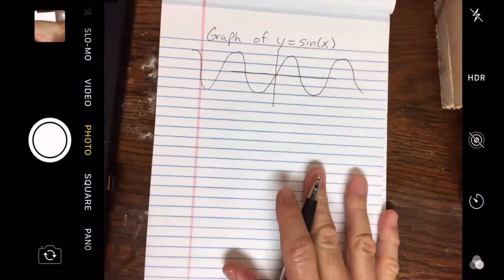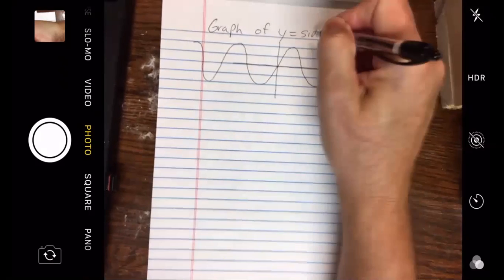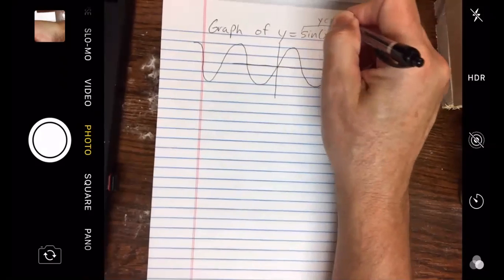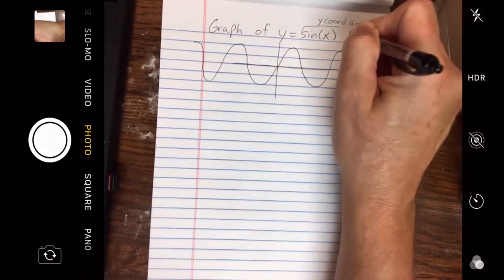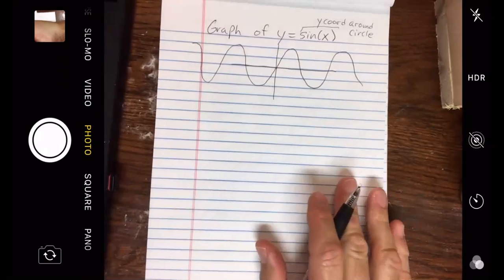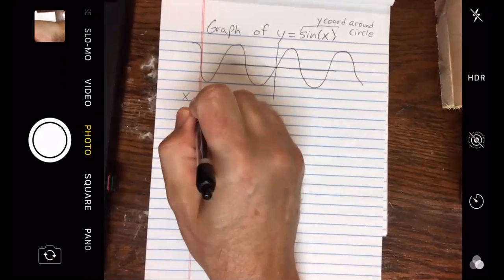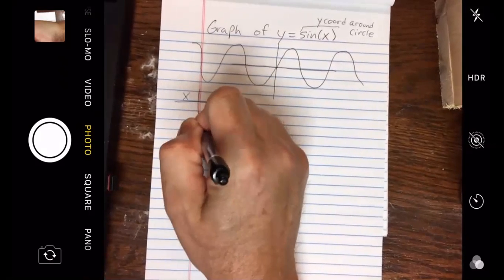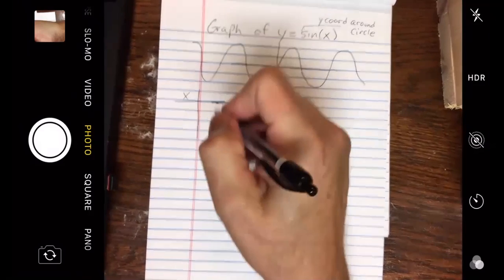I haven't really covered why it looks like that. What you're doing, remember, this is the y coordinate around the circle. So maybe I'll quick graph to show you some numbers. You'll have to have some of the coordinates memorized.